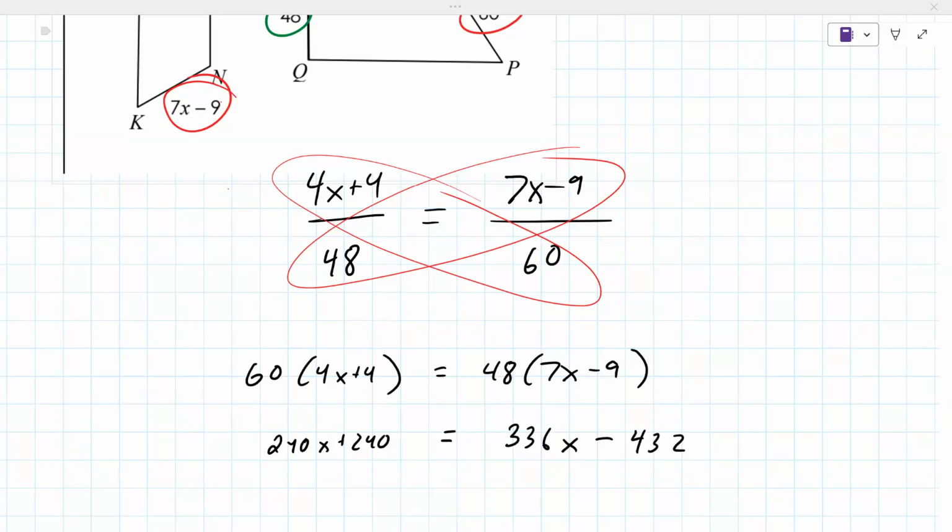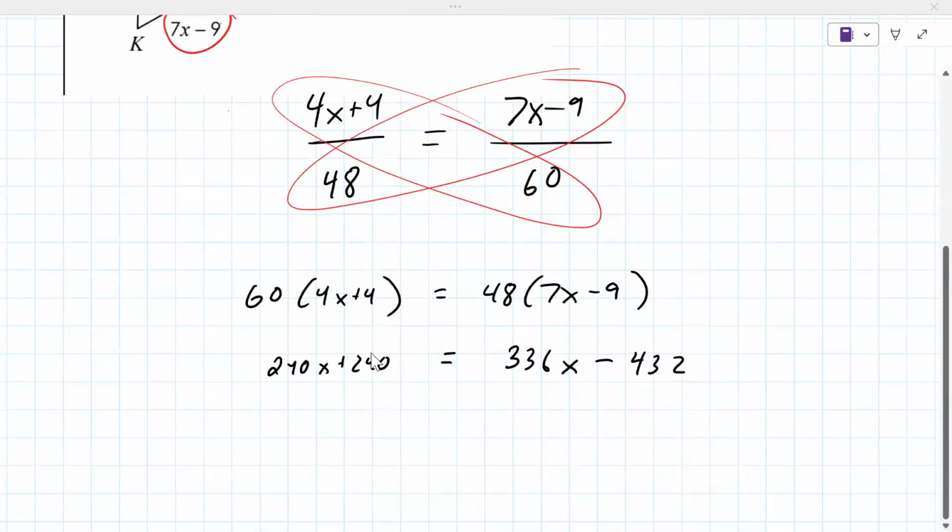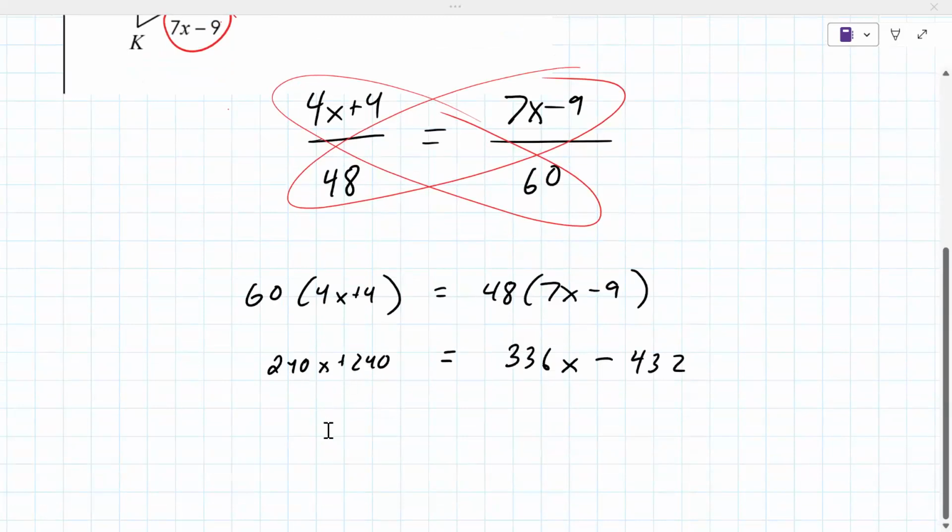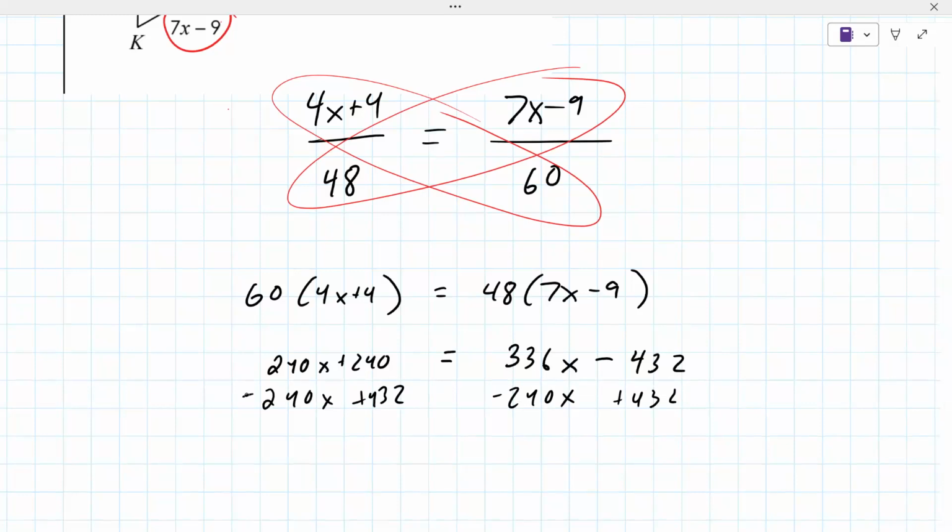Okay, for the first one, it's a 480x. These do not combine. You have to move the x's around. Like I would subtract 240x from both sides, and then add 432 to both sides. That will be your steps for success here.